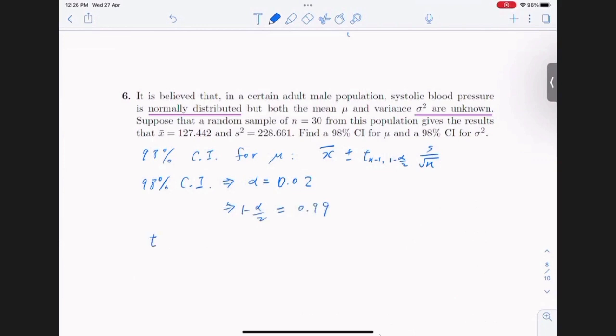The T quantile would be the quantile obtained from the T distribution with degree of freedom equal to 29, because the sample size is 30. The degree of freedom is sample size minus 1. So we want to find the 0.99 quantile, and it is equal to 2.642. That can be obtained from the student T distribution table.